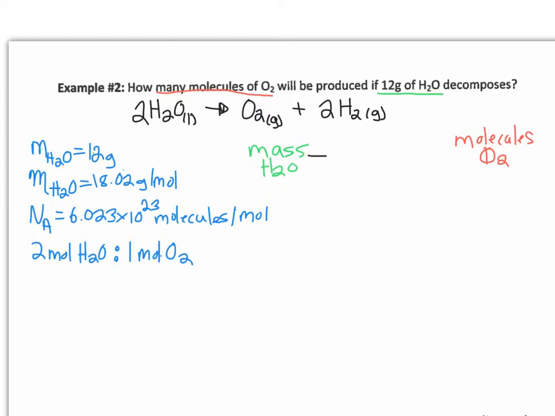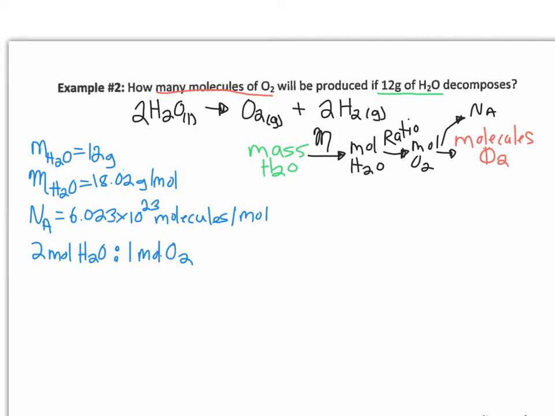From mass of water, you can determine the moles of water, and you can do that using its molar mass. From moles of water, you can get moles of O2 using a ratio. And then from moles of O2, you can get molecules of O2 using Avogadro's number.